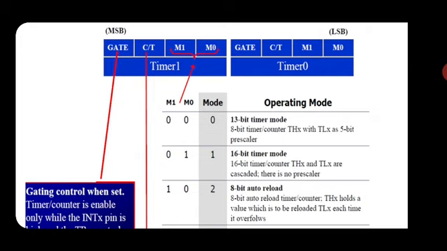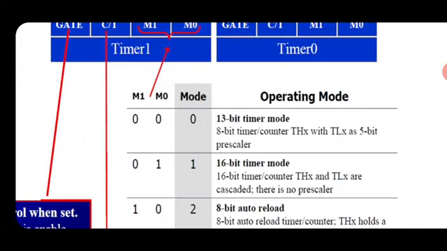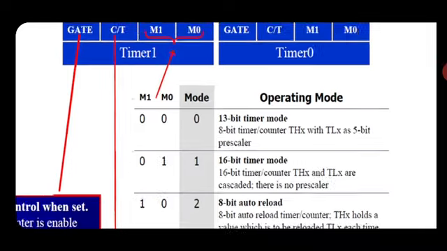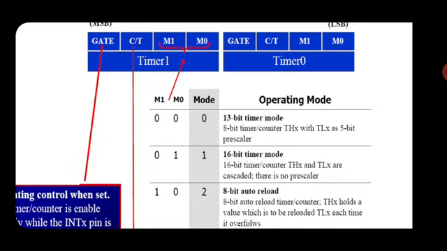Your timer is operating with 13 bits. As I told, the total timer bits of timer 0 and timer 1 are 16-bit, and out of that we are using 13 bits. If I consider timer 0, we are using TL0 all 8 bits.